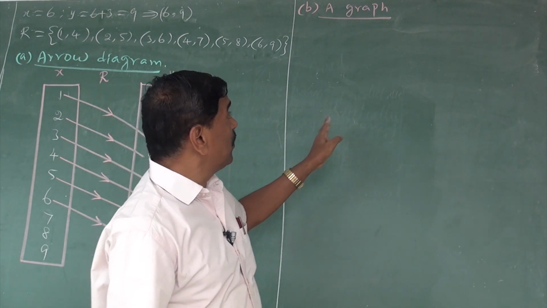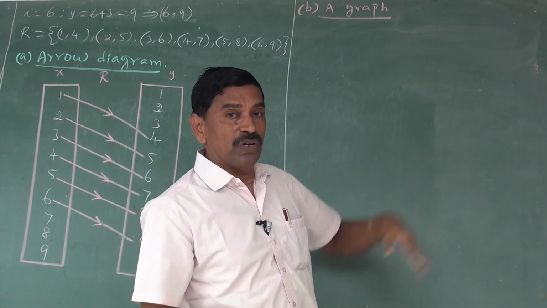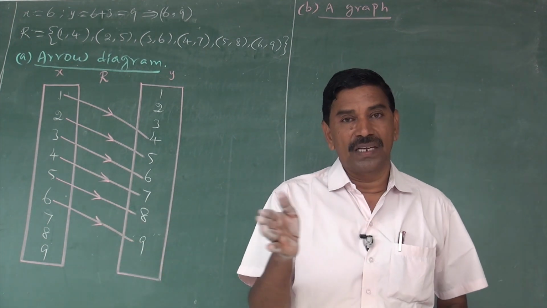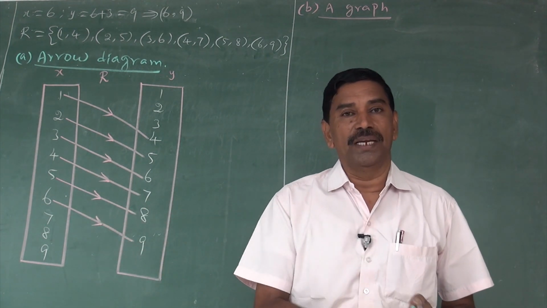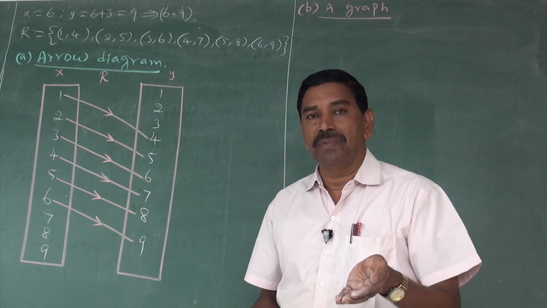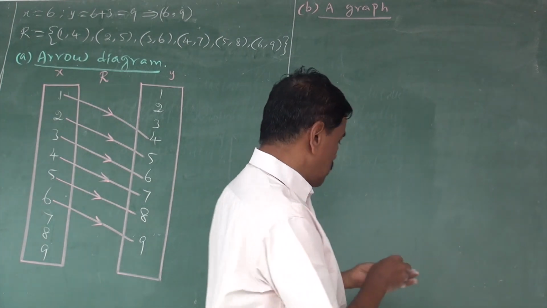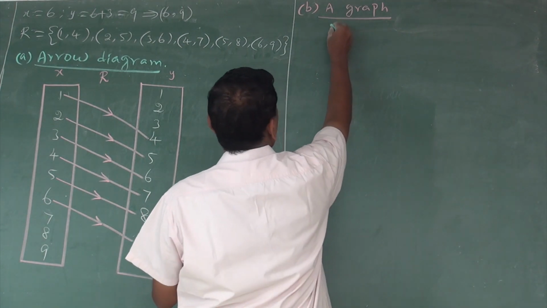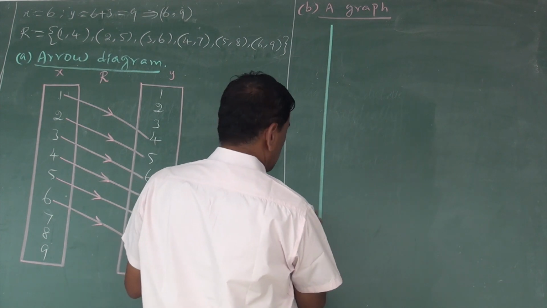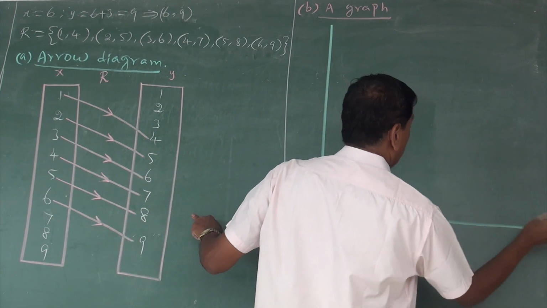So for this graph, only the first quadrant is enough, because x can take the first 9 natural numbers, 1 to 9, and y also the first 9 natural numbers, 1 to 9.